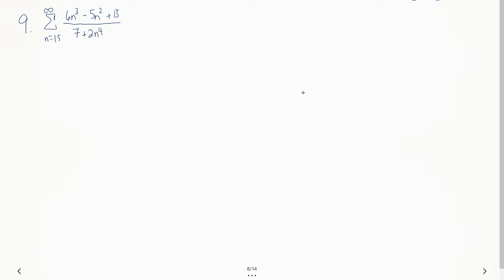Okay, so when you take a look at this next one, the summation starting at n equals 15 to infinity, we can double check to make sure that it satisfies the condition that it's always positive terms and things like that. But what should go screaming out at you, what I always tell people to look at, if you see only n's, no n's in the exponents, is to just look at the highest degree of these.